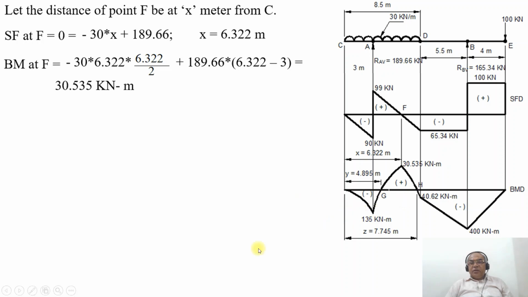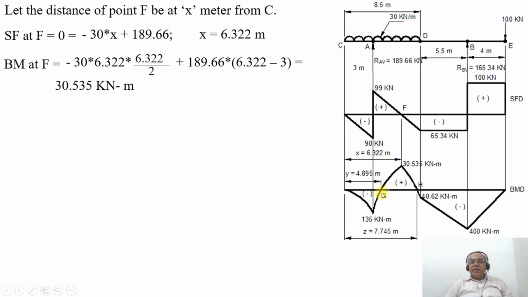Then join minus 135 kilonewton meter to 30.535 kilonewton meter by a parabolic curve, because of the UDL, and from there, from 30.535 kilonewton meter it drops to minus 40.62 kilonewton meter. You join those two points also by a parabolic curve.